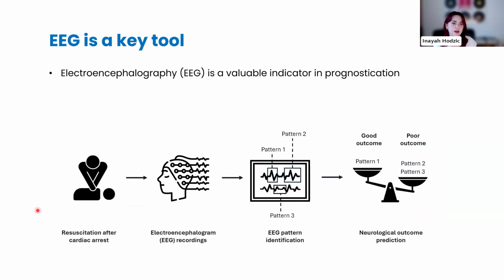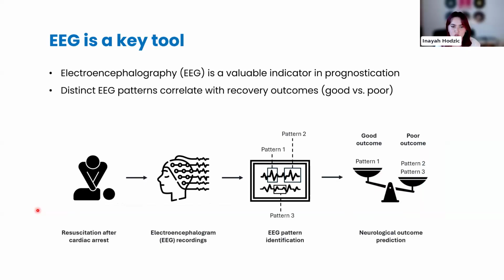And specifically, EEG is a very valuable indicator in prognostication, and it's also a key tool for prognostication of these patients. And particularly because distinct EEG patterns have been shown to correlate with different recovery outcomes.